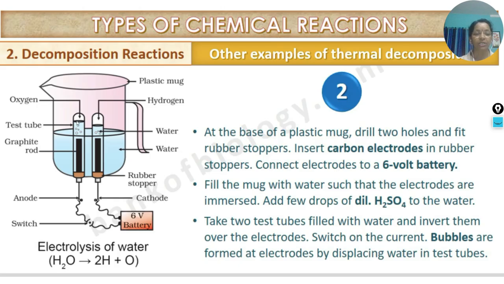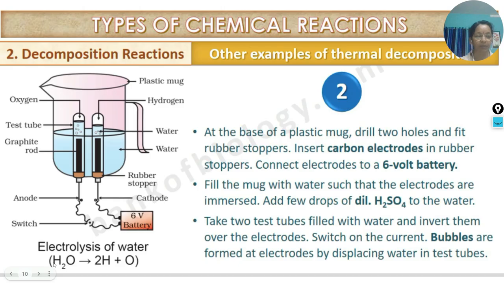Because we know hydrogen H plus ions, positive ions, cations, will be moving towards the cathode. So hydrogen will be liberated at the cathode, and we are getting double the amount of hydrogen as that of oxygen. Why is it so? That can be answered by writing this equation.